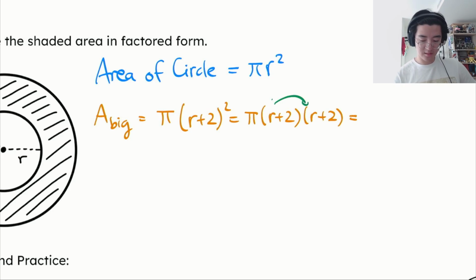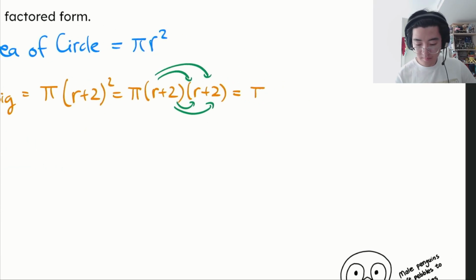Flying arrows. So r times r is r squared. R times 2. R times 2. And 2 times 2.